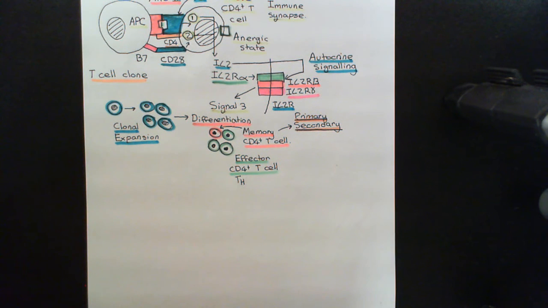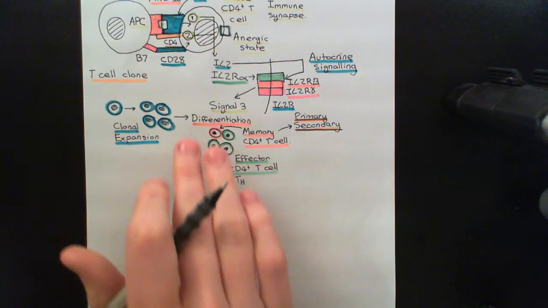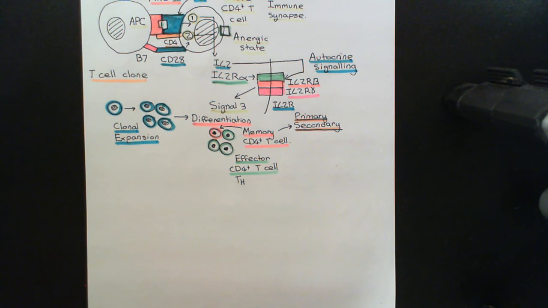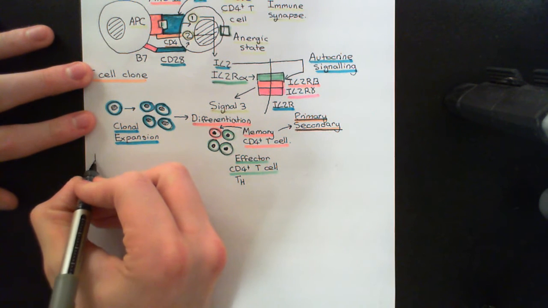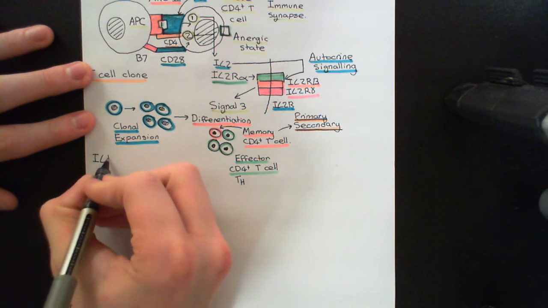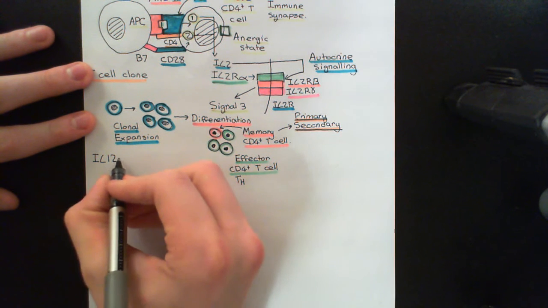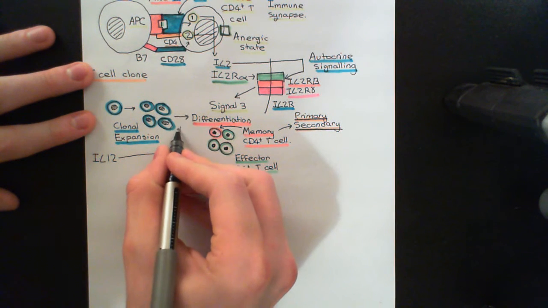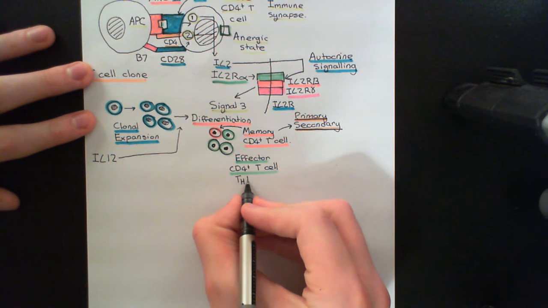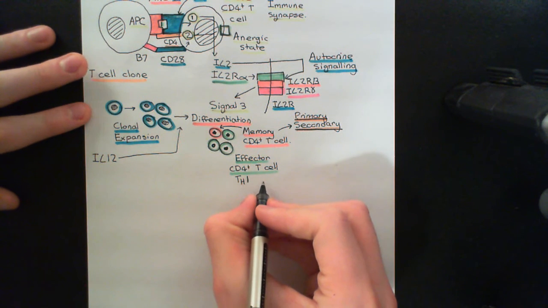And I now want to explain the reason for them being the T helper 1 type. So when these cells are differentiating into effector helper T cells, the type of effector helper T cell that they're going to differentiate into is determined by the presence of signaling molecules from the site of infection. And in particular, there is going to be a signaling molecule present in tuberculosis infections known as Interleukin 12, and this acts on these differentiating cells and makes them differentiate into the T helper 1 type of effector helper T cell.